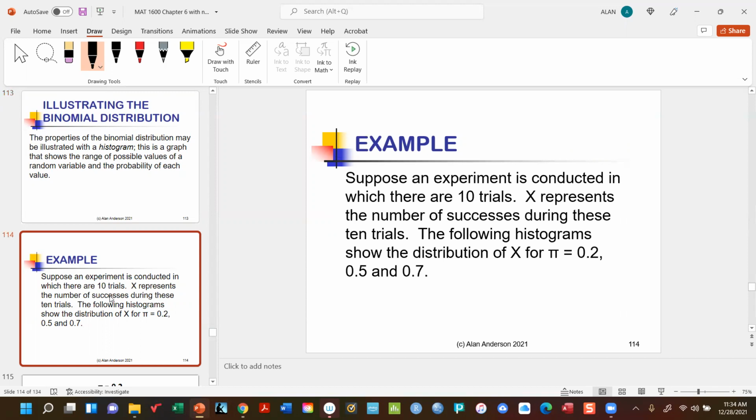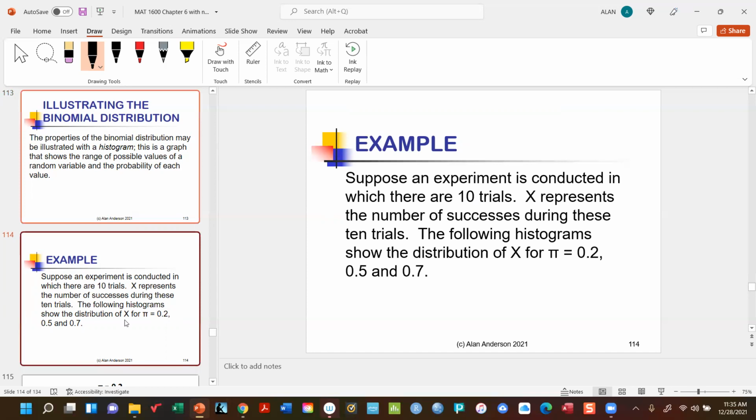So let's just say that this is some binomial experiment where we have 10 trials, and X is simply the number of successes, however they're defined. Because we need to do this 3 different times, one for each of 3 different probabilities. So we'll start out with a case where there are n, or 10, trials. The probability of success is 0.2.